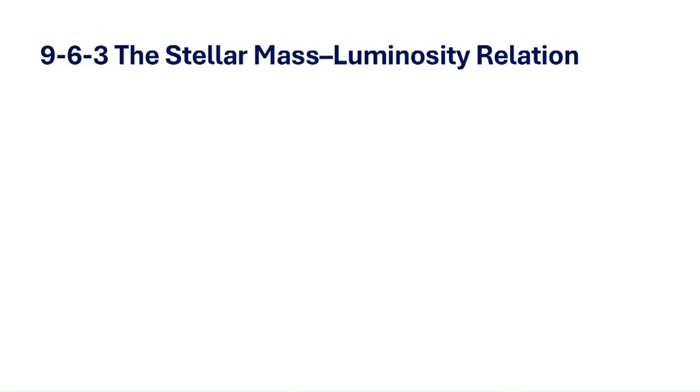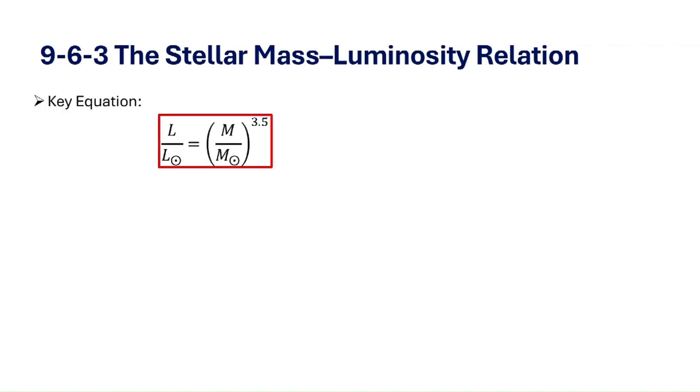Alright, now let's see how mass affects a star's brightness or luminosity through what is called the stellar mass-luminosity relation. And this is one of the most important relationships in astronomy because it shows how a star's mass controls how much energy it emits. Now for main sequence stars, the luminosity of a star compared to the Sun can be estimated using a simple equation.